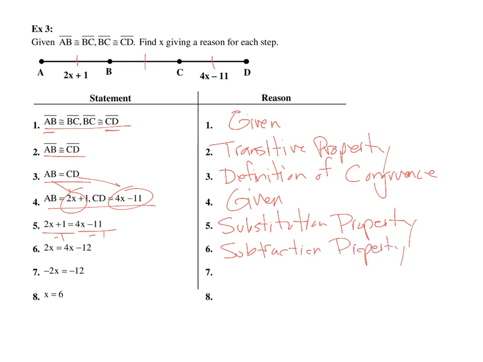And then what happened next? We subtracted 4x on both sides. So that's once again the subtraction property. And then we're dividing by -2. So that's the division property. That's what gives us our final statement.